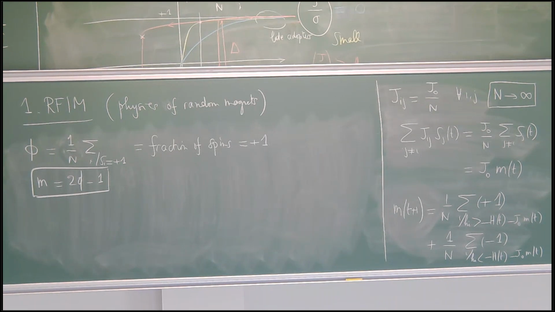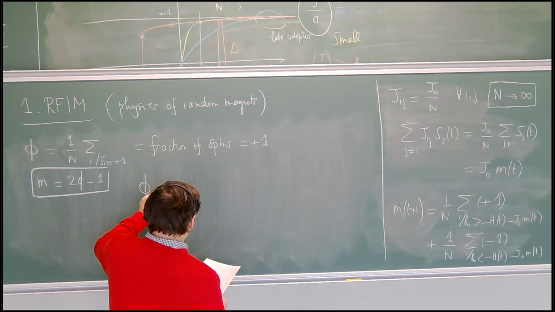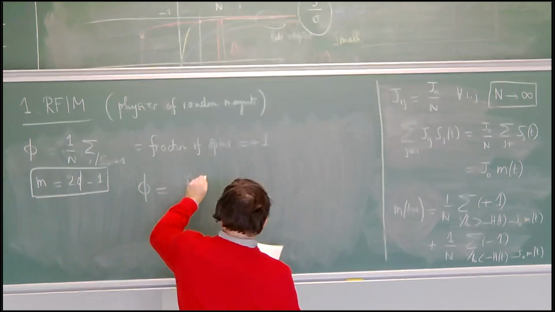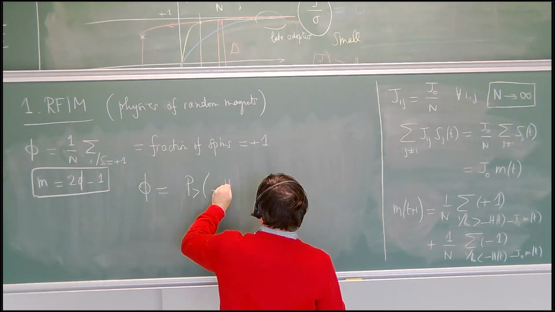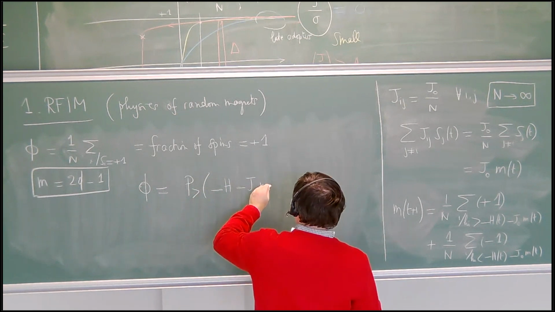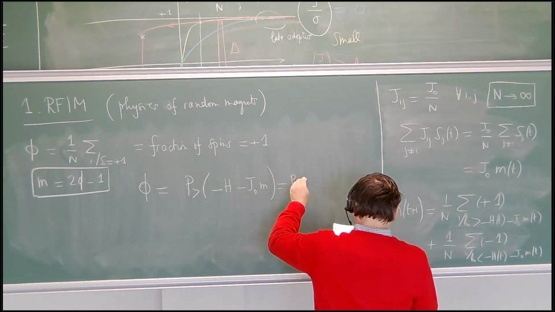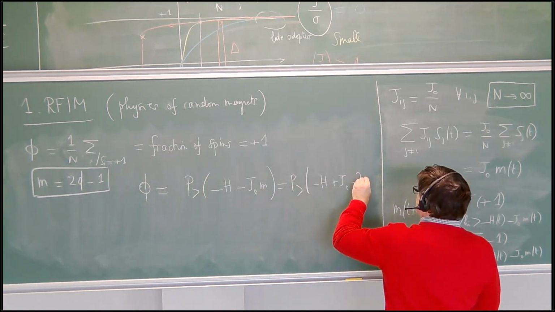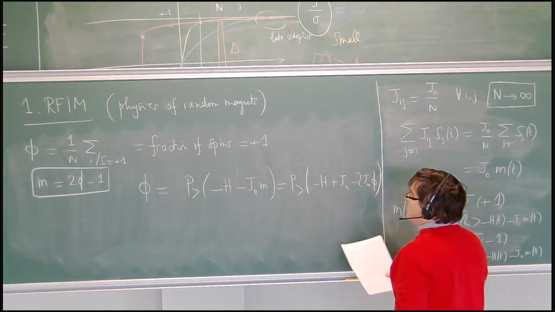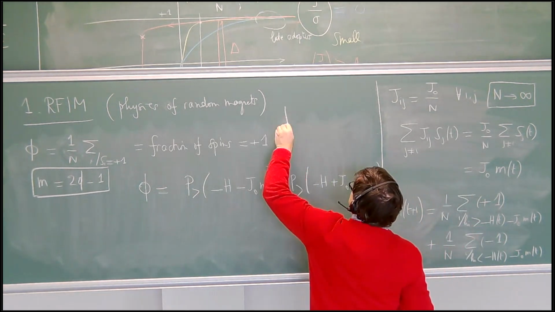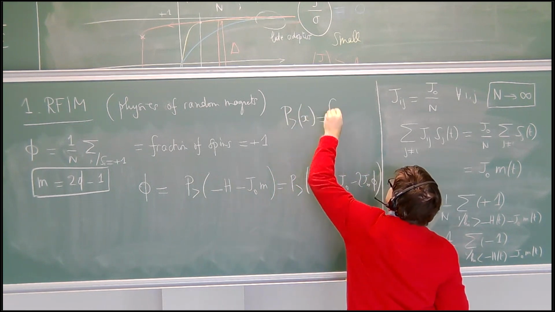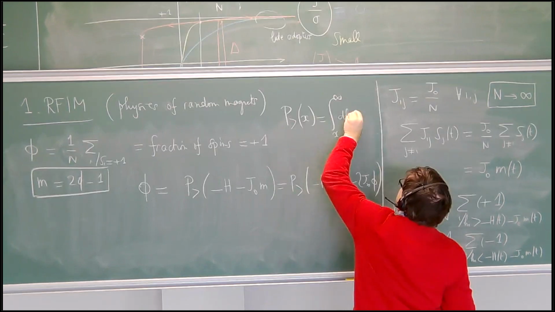And then what you get is that phi is given by what I'm noting P larger than minus h minus j0 m, which is P minus h plus j0 minus 2 j0 phi, where this quantity here is just a cumulative distribution function. So P_h of x is the integral from x to infinity of rho of h.